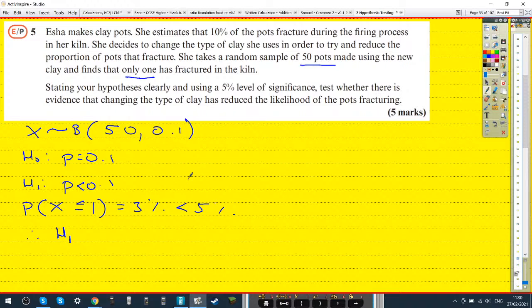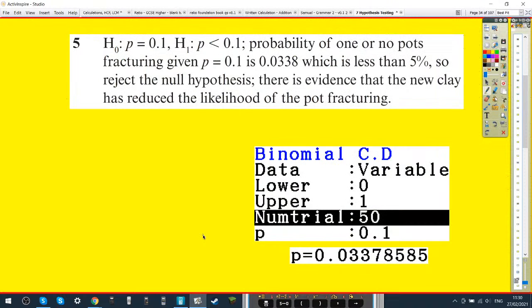Well, the chance of it happening by random chance is only 3%, which is less than the 5% significance level, and so it worked. If it did reduce the probability below 10%, then H1. Okay. There we go.